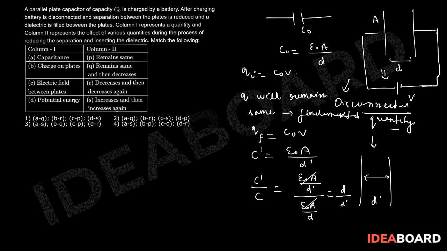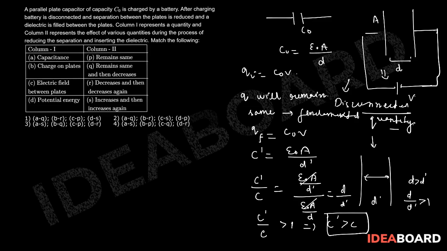So now D is greater than D dash, that means D upon D dash is greater than 1. Similarly, C dash upon C will be greater than 1, that means capacitance increased, right? So now capacitance increased in this case.